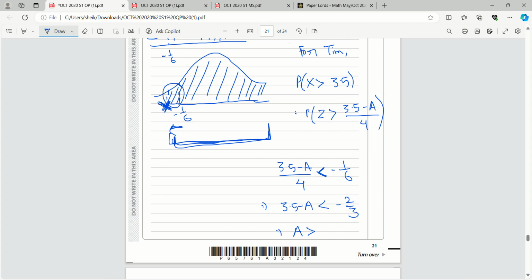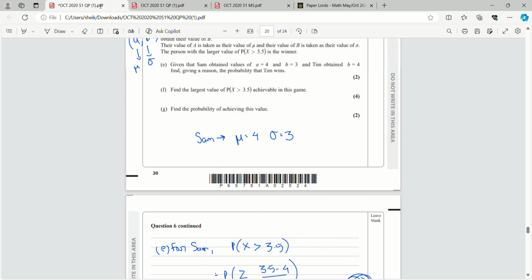Alright, and then so A must be greater than 3.5 plus 2 over 3, 4.17. Okay, so his A value must be greater than 4.17.